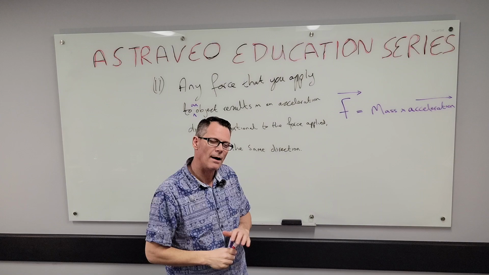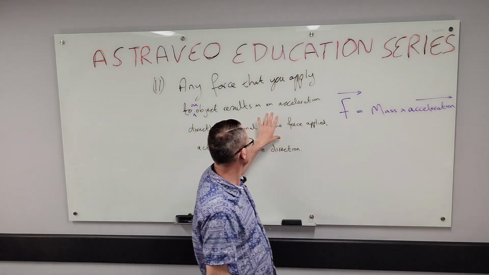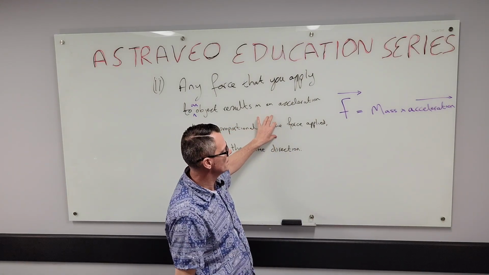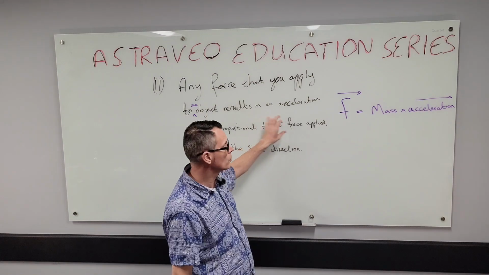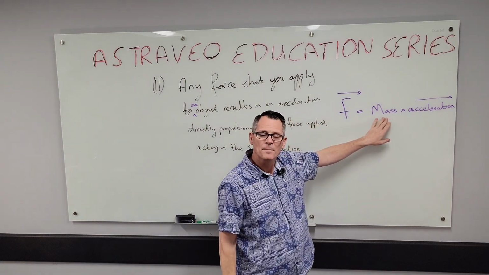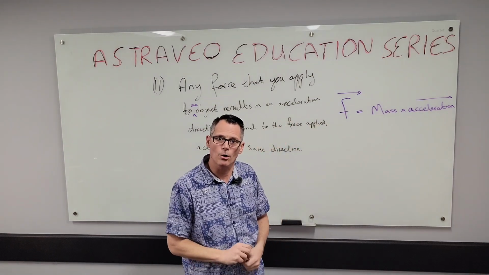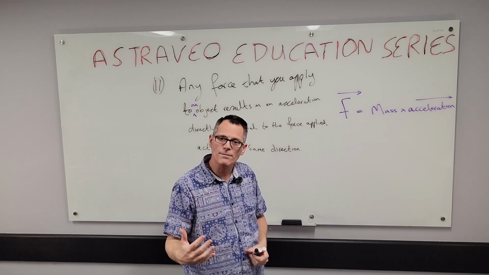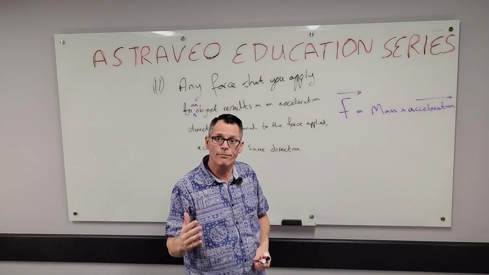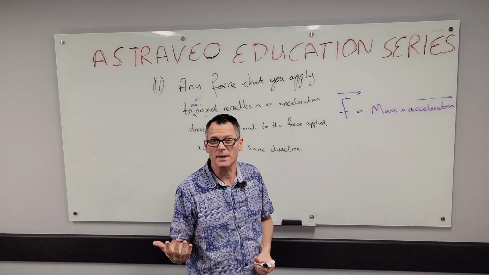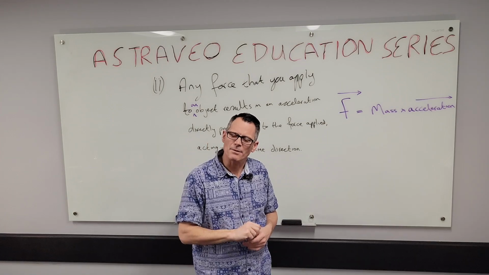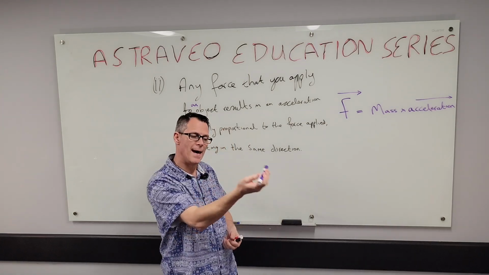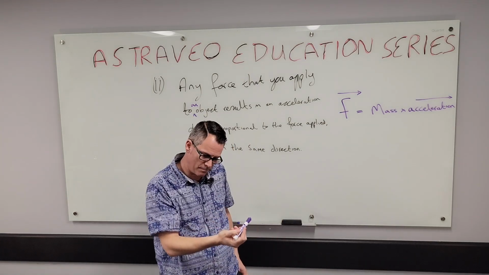Now, one thing we haven't seen, it's not really listed in the description of the second law, is the mass. The mass of the object matters a lot, because the more massive the object is, for a given force, the less acceleration there is going to be. Now, that makes sense when you think about it. If I were to push this pen here on my hand, let me put my other pens down.